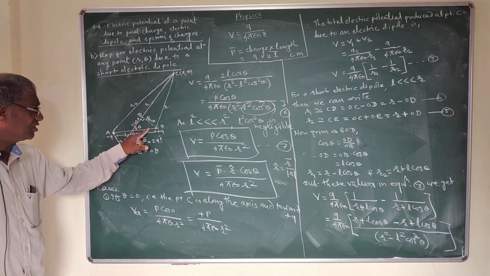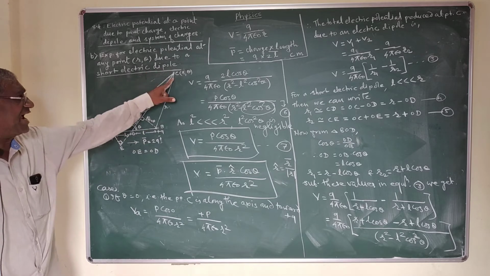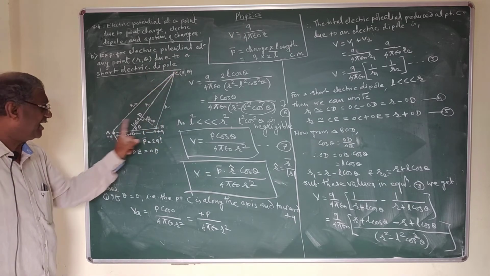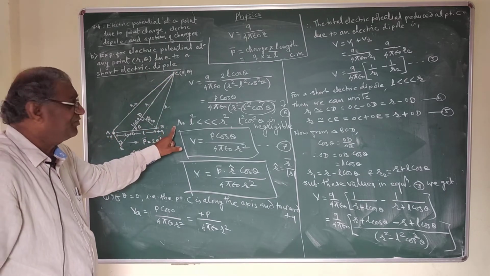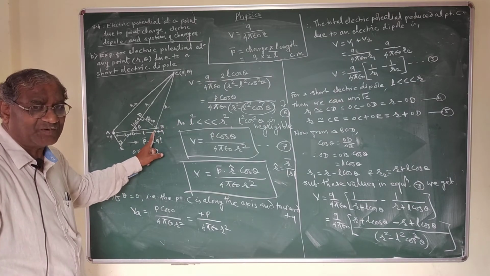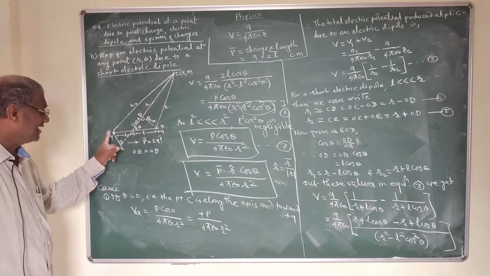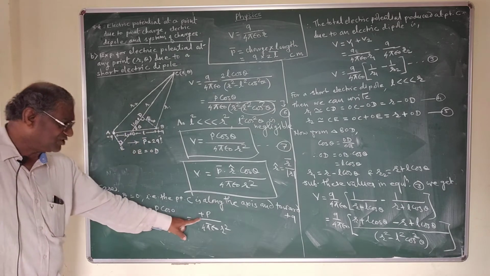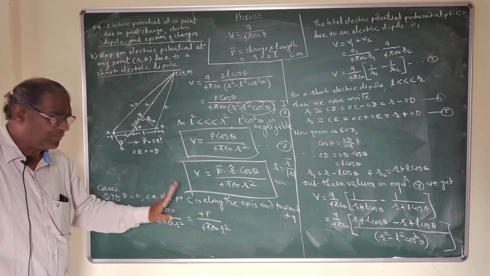If theta is equal to 0, the point C is situated along the axis of the dipole towards the positive charge, and then this electric dipole produces positive electric potential at that point.